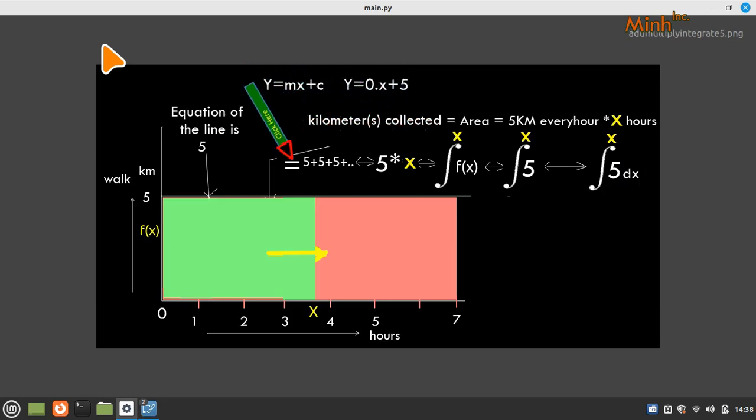First we have the addition 5 plus 5 plus 5 up to x times, and that is converted to 5 into x. It is added up to x times, converted to 5 into x, same thing. Now it is converted into integration kind of notation, nothing more. So 5 is converted to f(x) and x became like this. f(x) is nothing but 5 only.